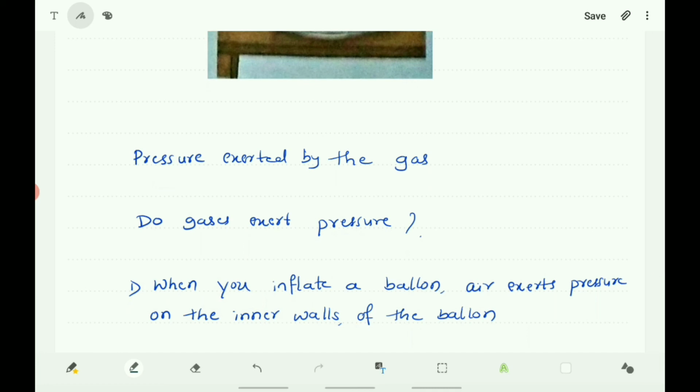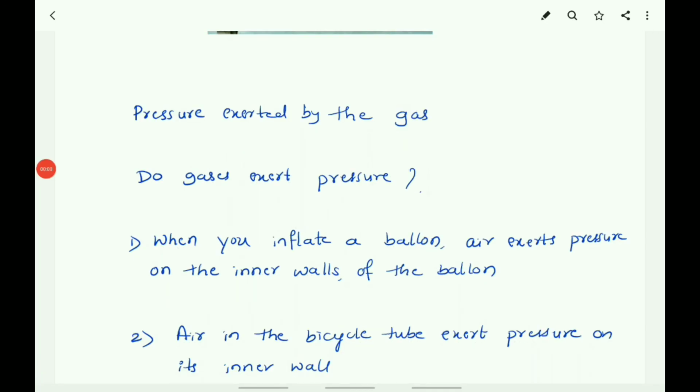Do gases also exert pressure? When you inflate a balloon, you have to close its mouth. Why? If you open the mouth of an inflated balloon, what happens? By observing all this, you can say that when you inflate a balloon, air exerts pressure on the inner walls of the balloon.